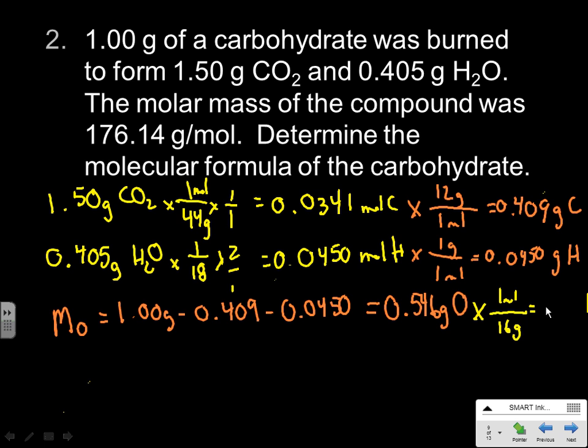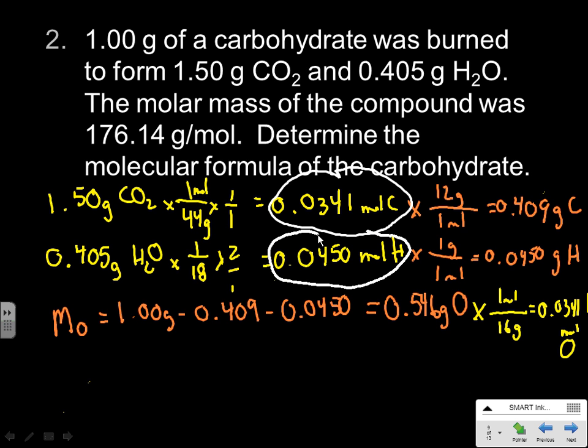TJ? 0.0341. And that's moles of oxygen. Now we're ready to do our dividing, except now our equation looks pretty messy, right? So we've got to pick out the 3 numbers we're looking for. There's our moles of carbon, there's our moles of hydrogen, and down here in the corner, there's our moles of oxygen.